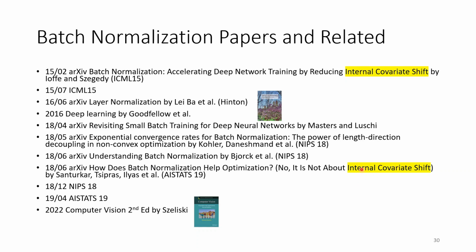And this paper was accepted by another conference, all right? Then NIPS 18 took place, and in 2022, our textbook was published. So when you read our reference book, because it was published in 2016, there's no way for it to know the following papers.